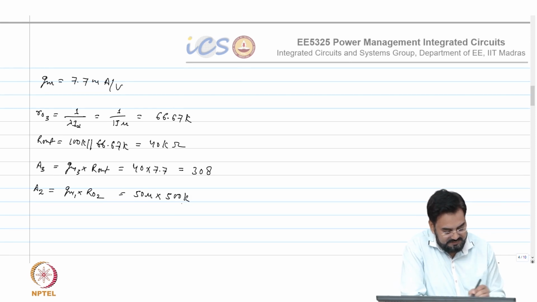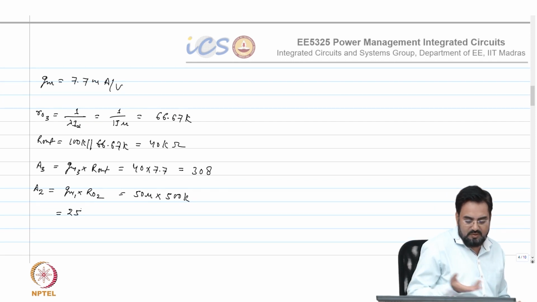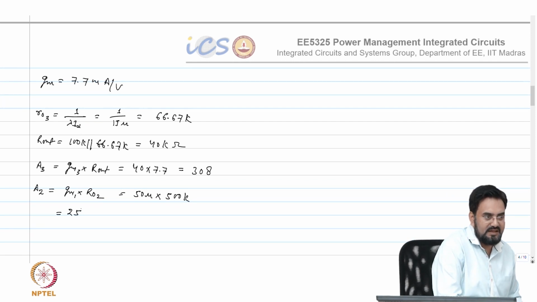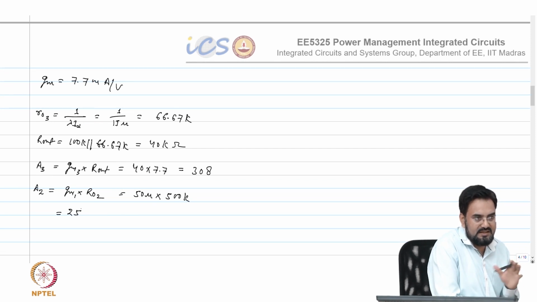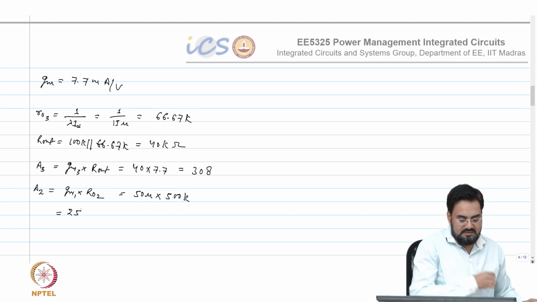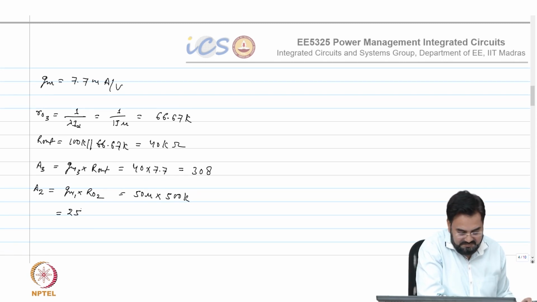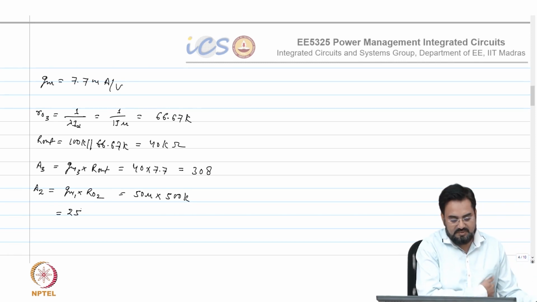How much is that? 25. Yes. So first stage gain is low and output stage gain is higher because the device gm is very large and R out is also, I mean you can say it's a kilo ohm, so obviously it's not that small.